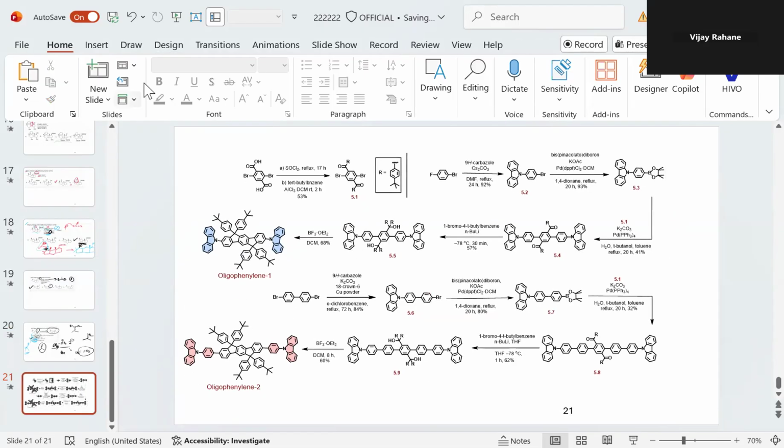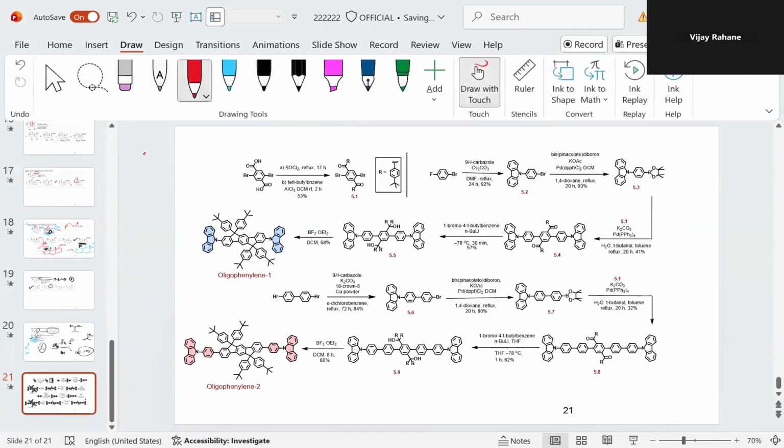I'll explain it quickly. I want to synthesize these molecules. If you look at this molecule, we have a central linker with these carbazole parts attached on both sides. So how did I do the synthesis of this molecule?